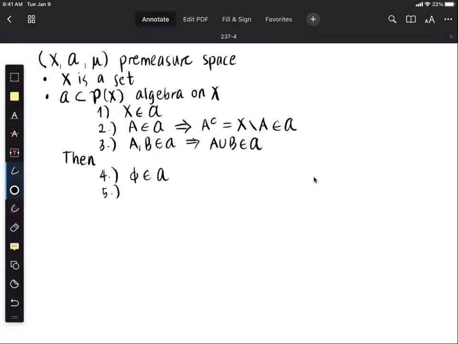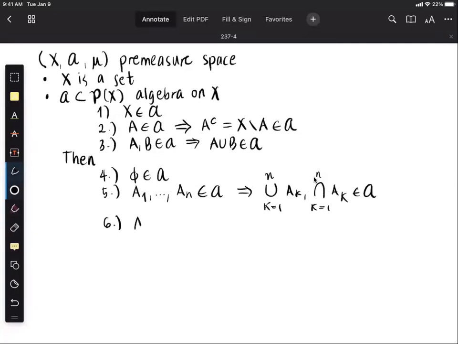And applying property 3 and the principle of mathematical induction, suppose you have n sets in A, then the union of these sets is in A. Then, by applying De Morgan's law and the second property, one could also show that the intersection is an element of the algebra. Therefore, an algebra is closed under finite unions and finite intersections.